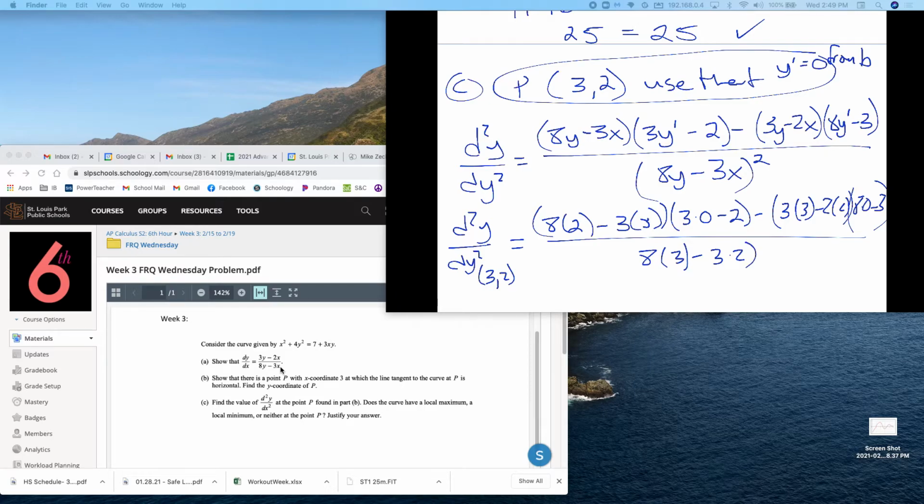Oh, sorry. Put those in the wrong place. Let me go back. Let me change some of those values. I put those in the wrong place. So this should be a 2. This should be a 3.